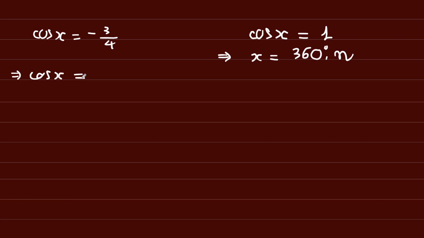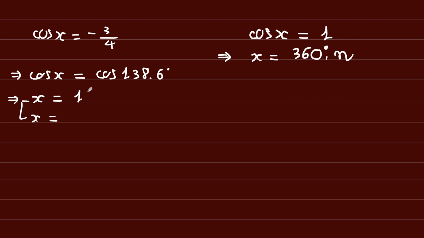You have negative 3 over 4, and taking the inverse cos of this, you get the value of the angle. The angle here is 138.6 degrees. And the general solution for cos is a little easier than for sine.